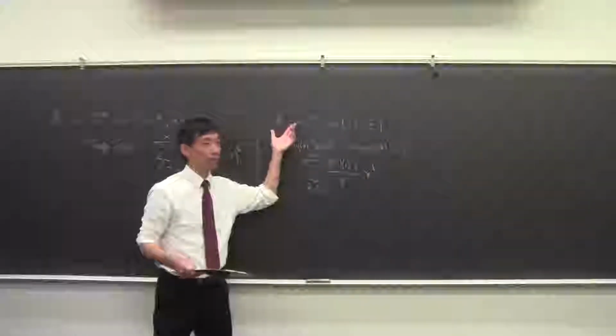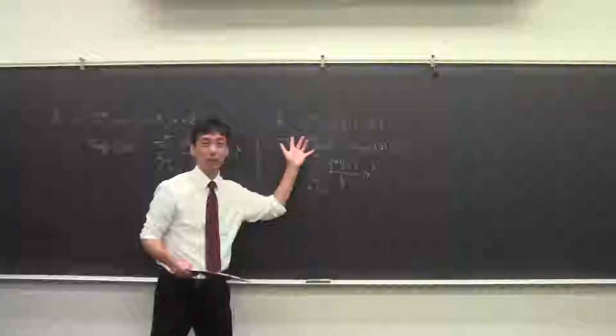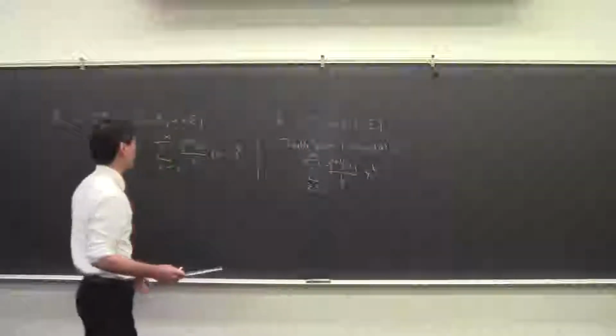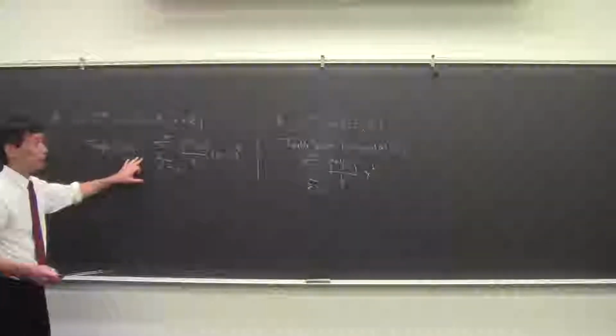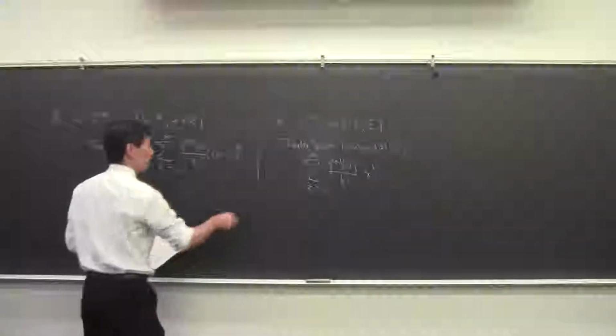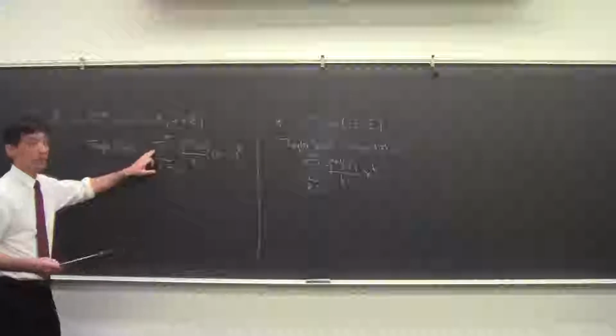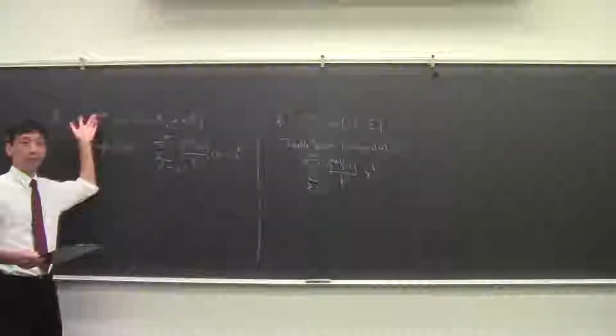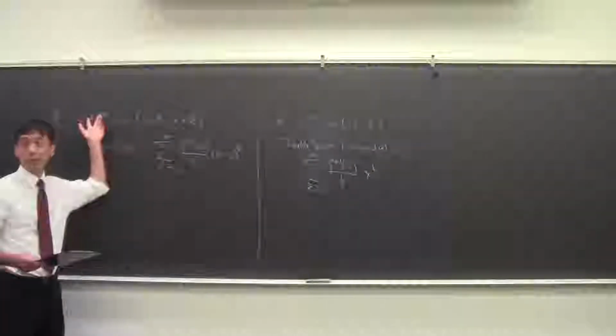You're trying to say my function is an infinite polynomial, and that may or may not be true. So the question is, does this thing converge back to this?